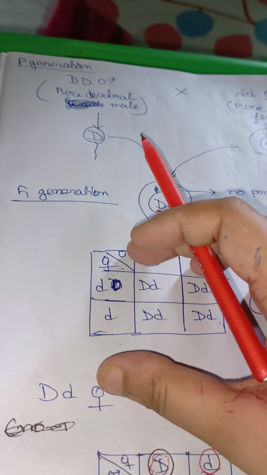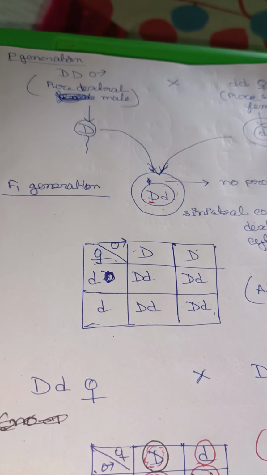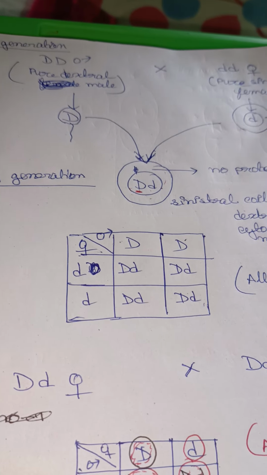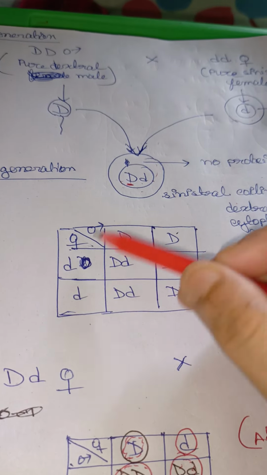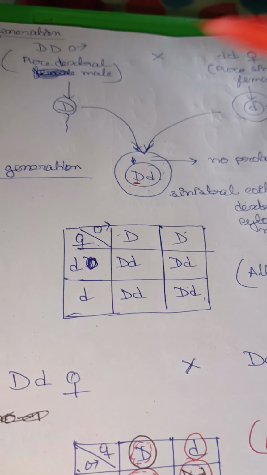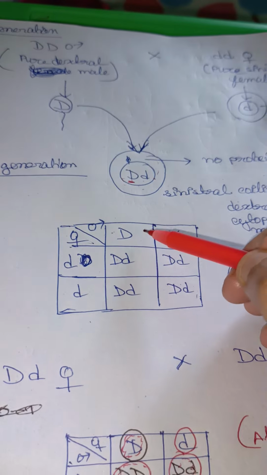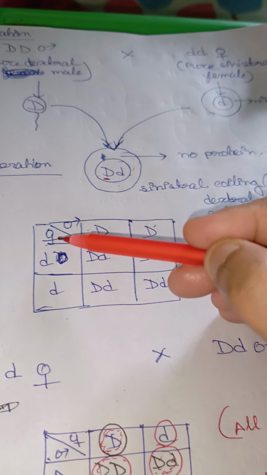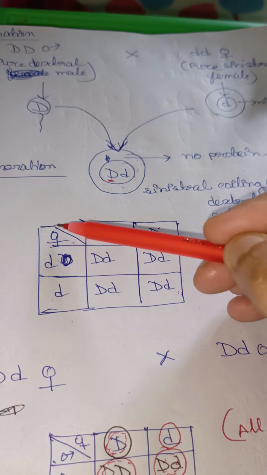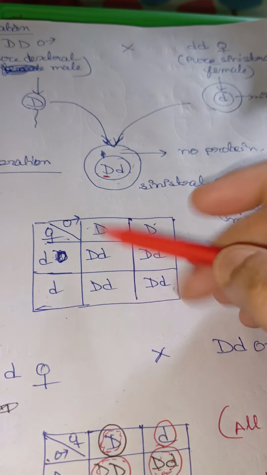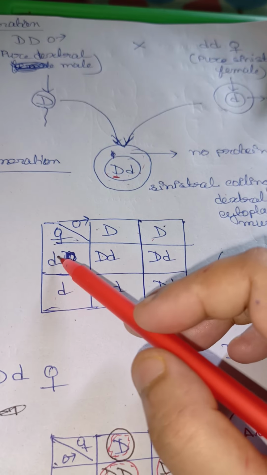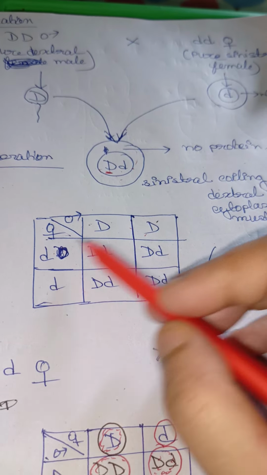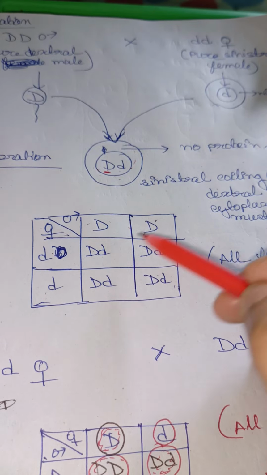So if we draw the F1 generation of this cross, big D, small d, male, female. In a Punnett square we have shown this: big D, small d, big D, small d, big D, small d, big D, small d.